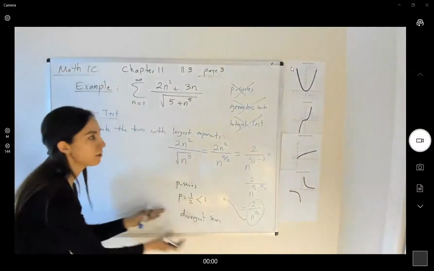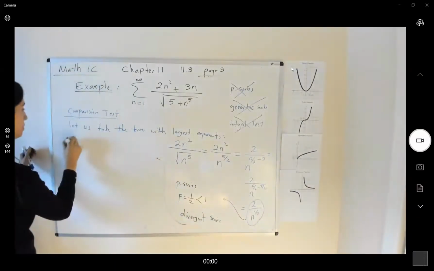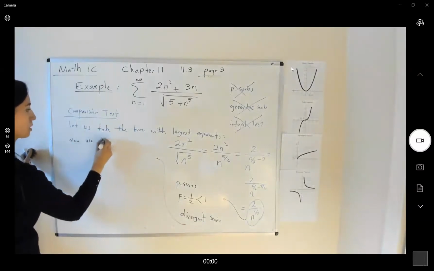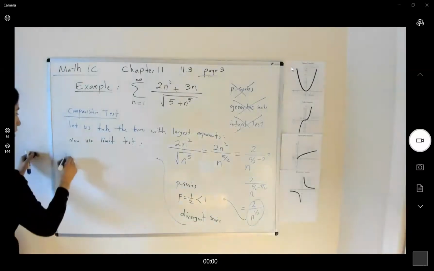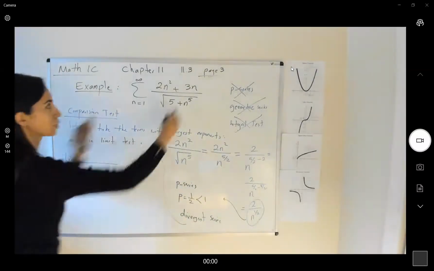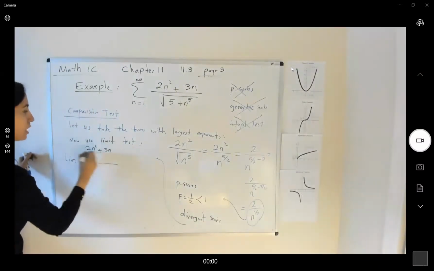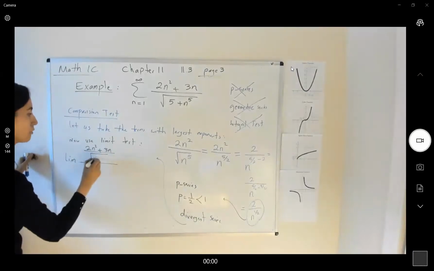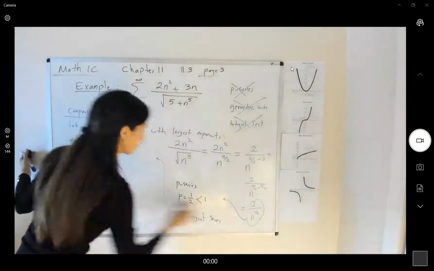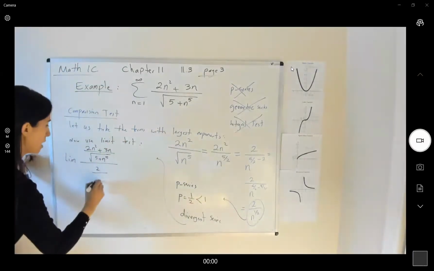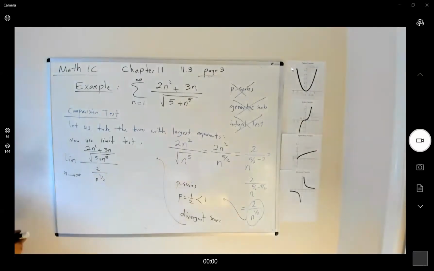So now I'm going to use the limit comparison test. The limit of your general term, 2n squared plus 3n divided by the square root of 5 plus n to the 5th, divided by 2 over n to a half, while n goes to infinity.